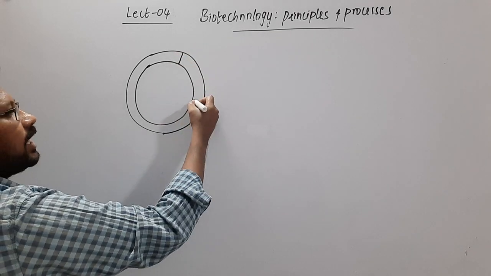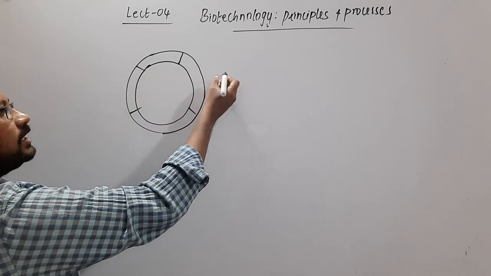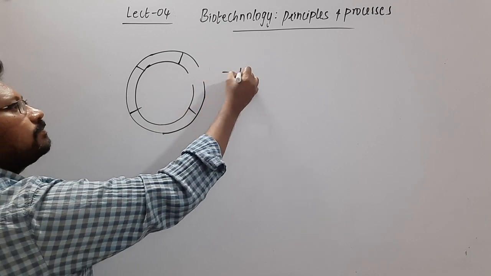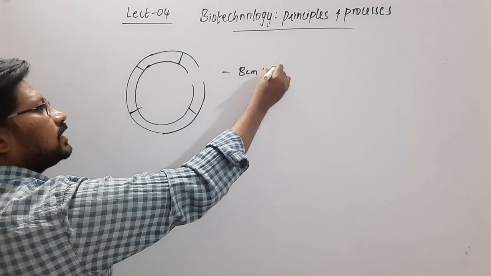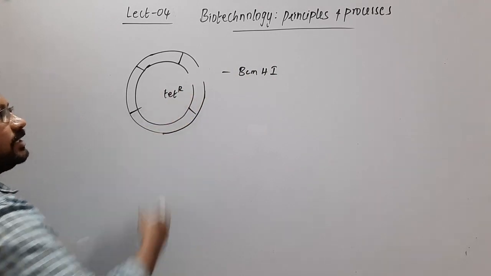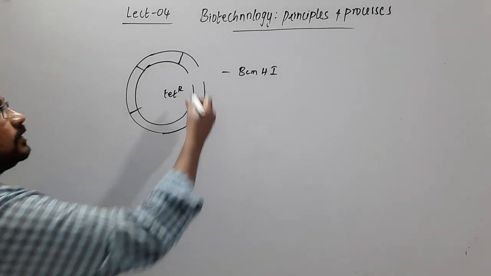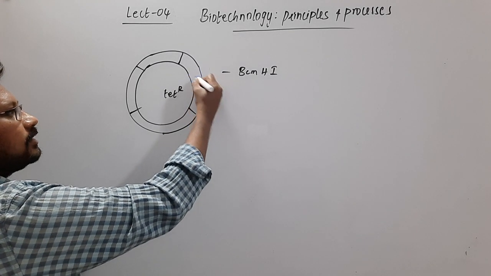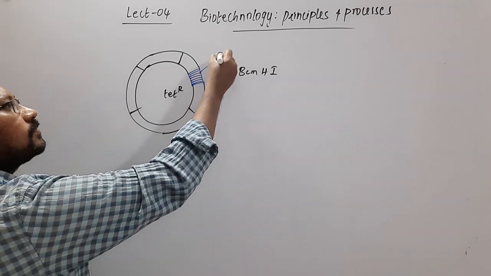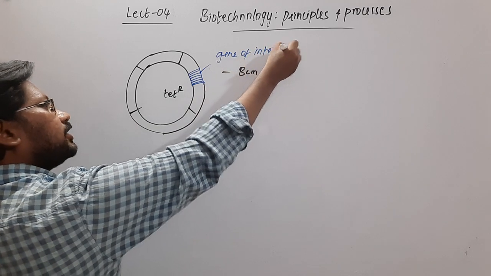So here I have taken the alien DNA inserted into this BamH1 site of the tetracycline resistance gene. So here I have inserted, so there is an insert, the gene of interest.